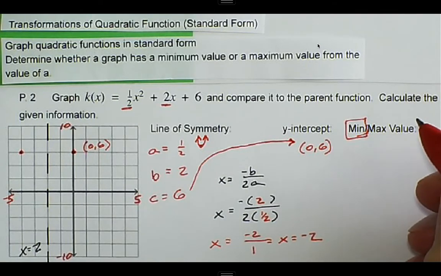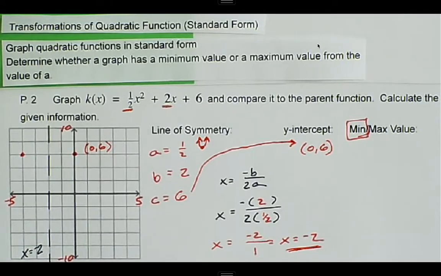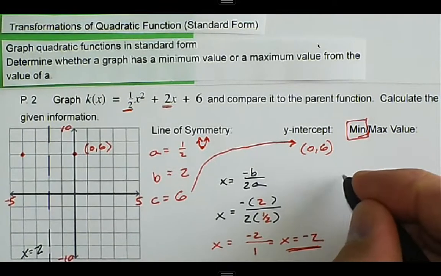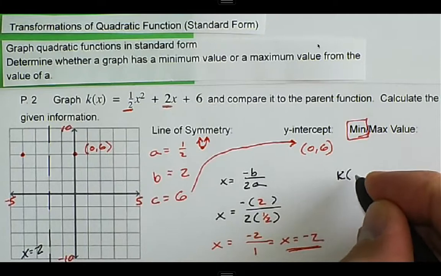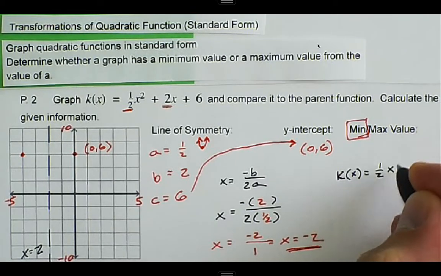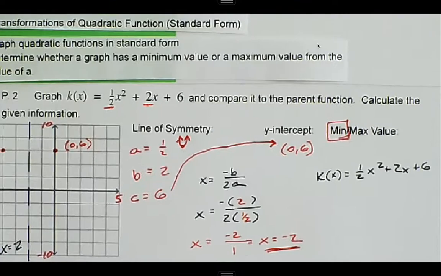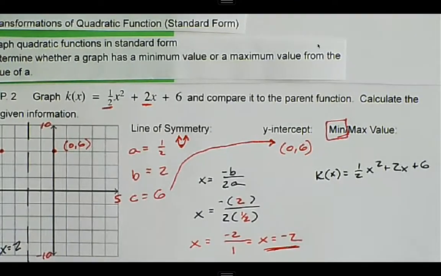And the way that we find the vertex is we take our line of symmetry, which we've calculated, and we substitute it back into the original equation. So the original equation is the function k evaluated at x is equal to 1/2 x squared plus 2x plus 6. And so we're going to take that function and substitute in the value of -2.